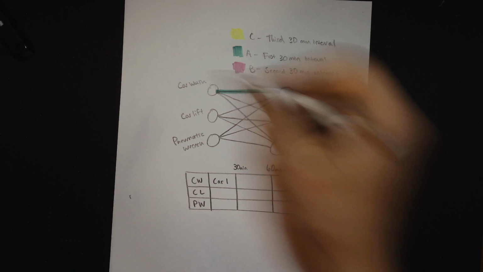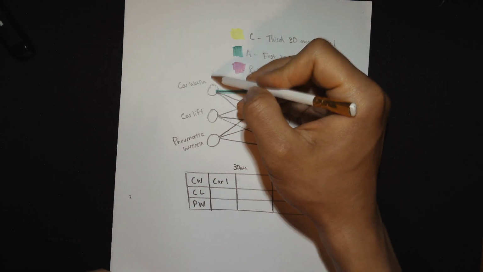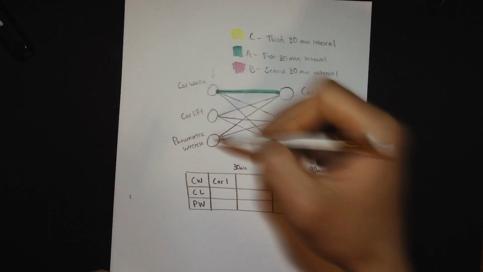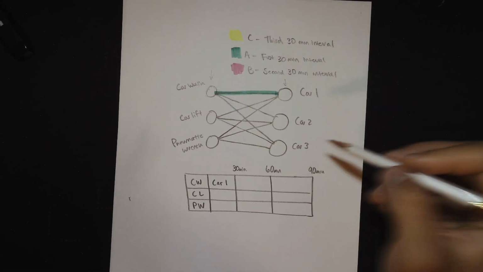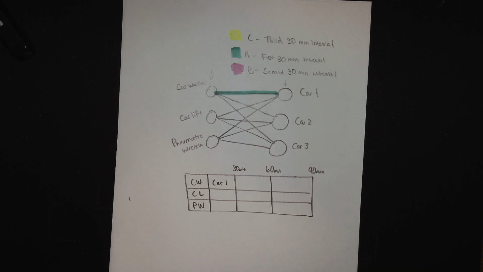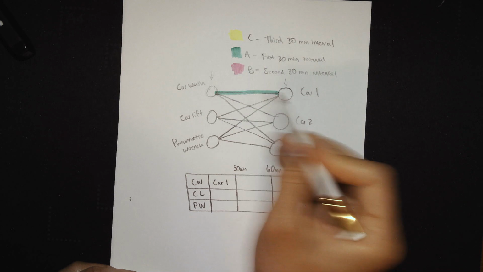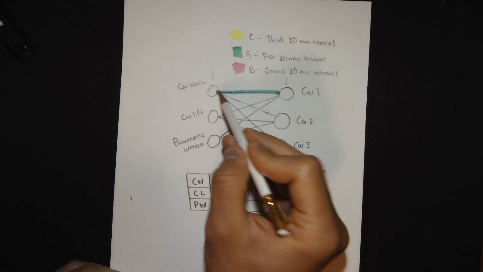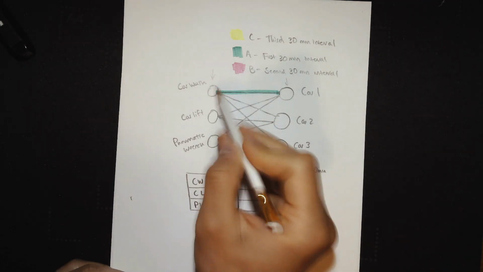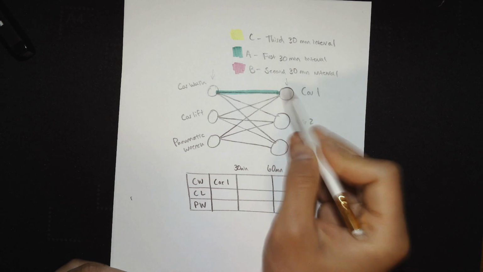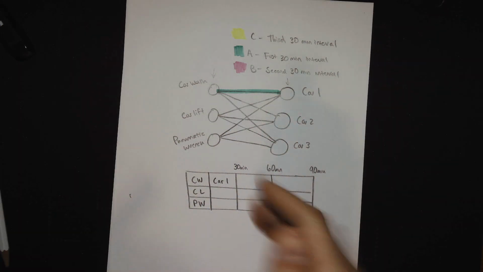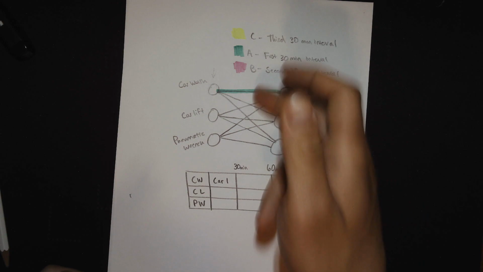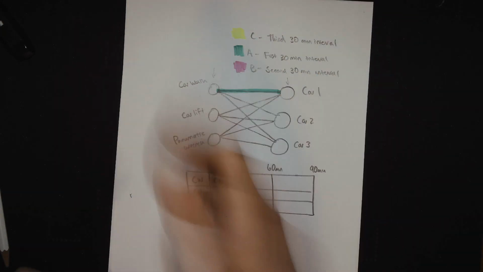So remember, for this bipartite graph, the vertices in the left column are the machines, the vertices in the right column are the objects having tasks completed on them, and an edge represents the completion of that specialized task by this machine on an object, right? And so filling out this scheduling amounts to finding the edge coloring of this graph.